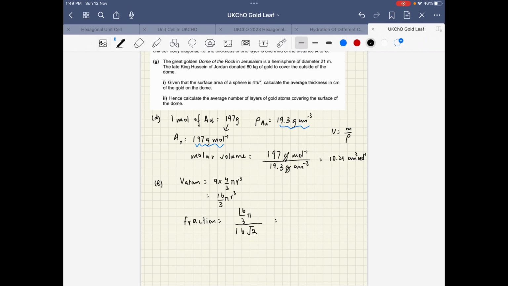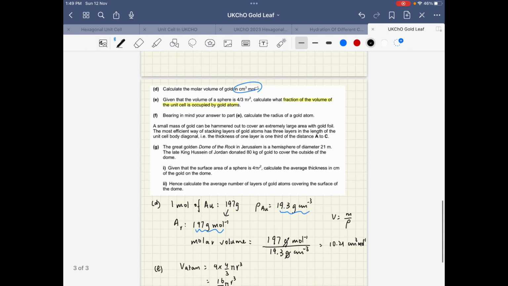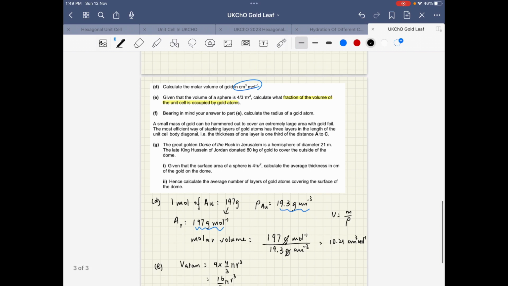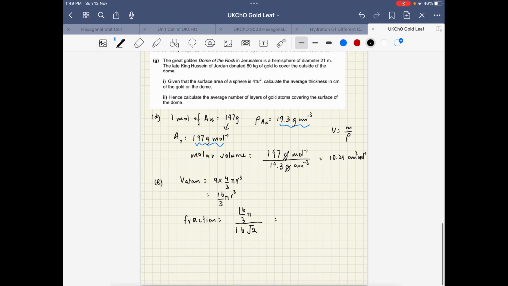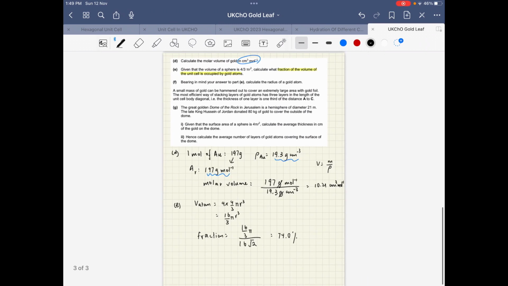And I can simplify this to a percentage. Yes, that will give me 74.0%, and that's the fraction of the volume of the unit cell that is occupied by gold atoms.